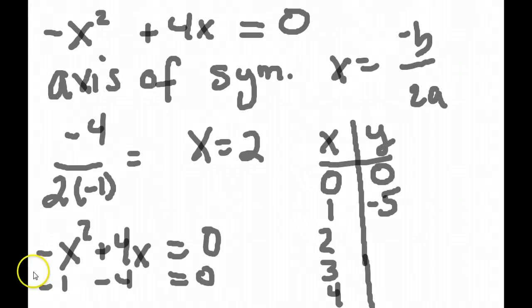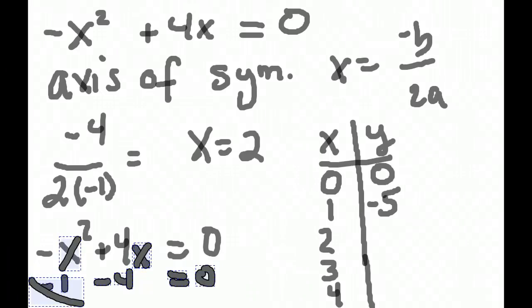Okay, so now what happens if we put in a 2? What do you guys think? What do we get if we put in a 2?